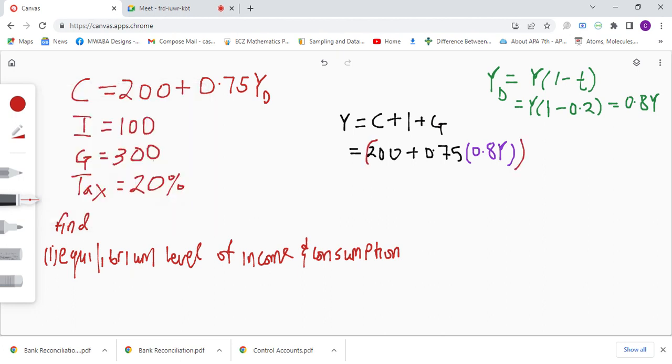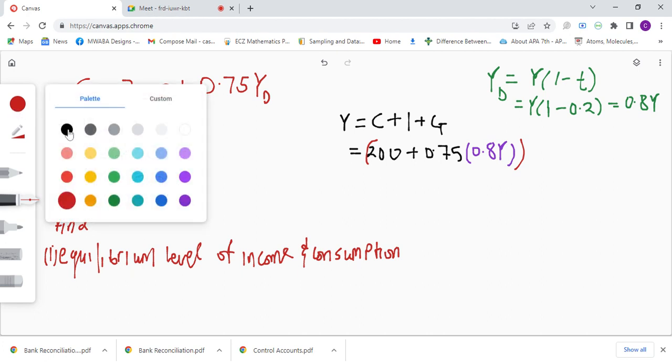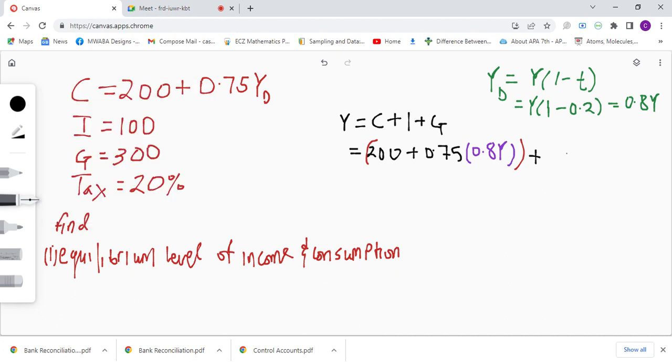Let me just put it in brackets here. Now I'm going to say plus investment spending, which is 100, plus government spending, which is 300. So let's operate within the parentheses. 0.75 times 0.8, we're going to get 0.6Y.